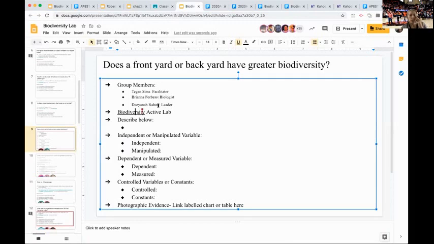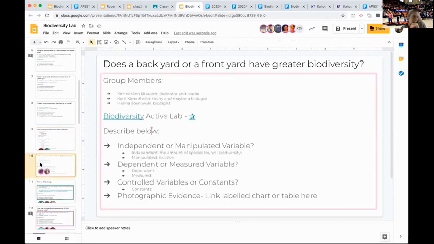Yes, everyone should be working on it together. What we're working on today is a tech skill of making sure you can go and add all your team members to one document and make sure that they all have editing privileges. All right, this one looks good.